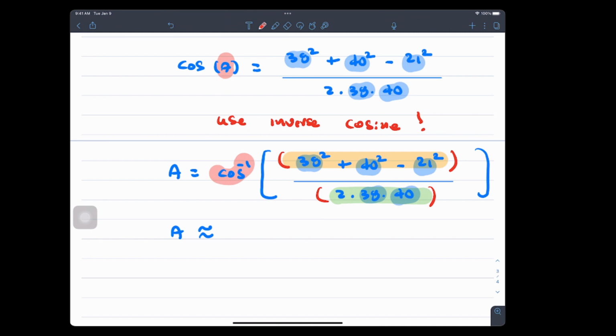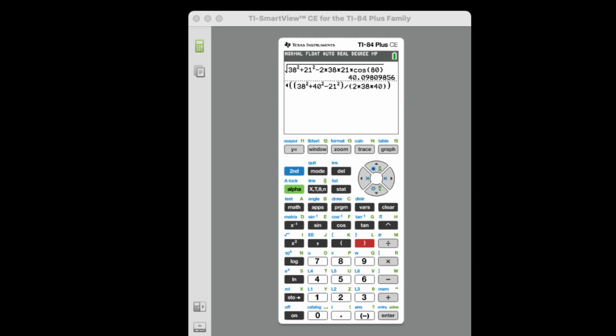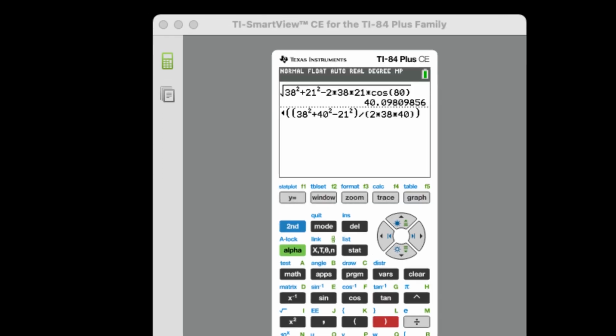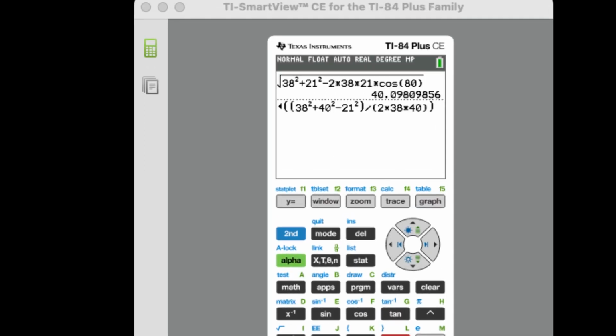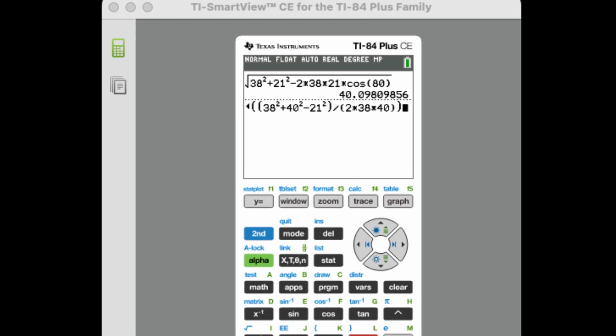So let's take a very close look at the calculator. Is this inverse cosine? Yes, it is. So notice that I have a parentheses already for the inverse. Then I have the numerator in its parentheses. Division, that's divide by the product in the denominator in a parentheses.